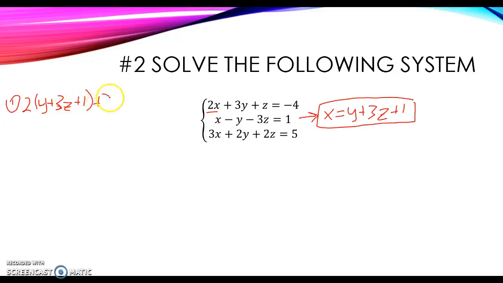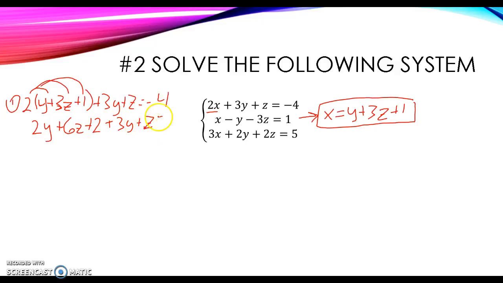And then I have plus 3y plus z equals negative 4. So I'm going to simplify this equation. I'm going to start by distributing the 2. I will have 2y plus 6z plus 2 plus 3y plus z equals negative 4.